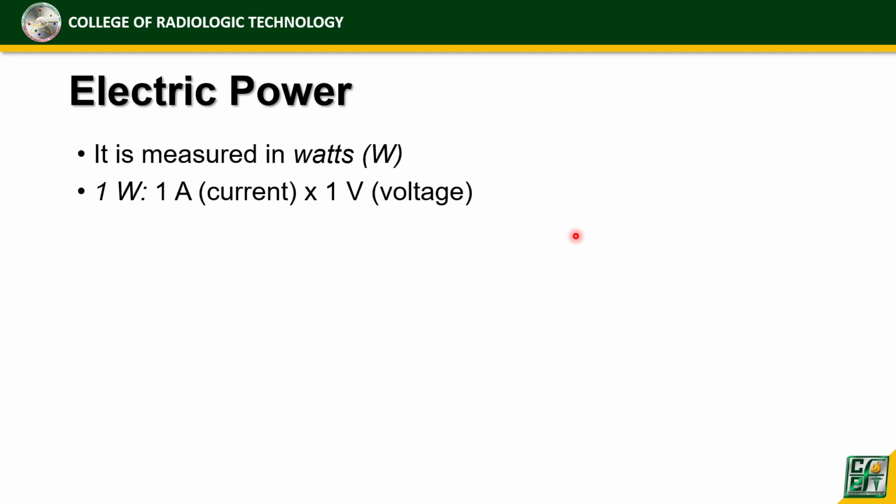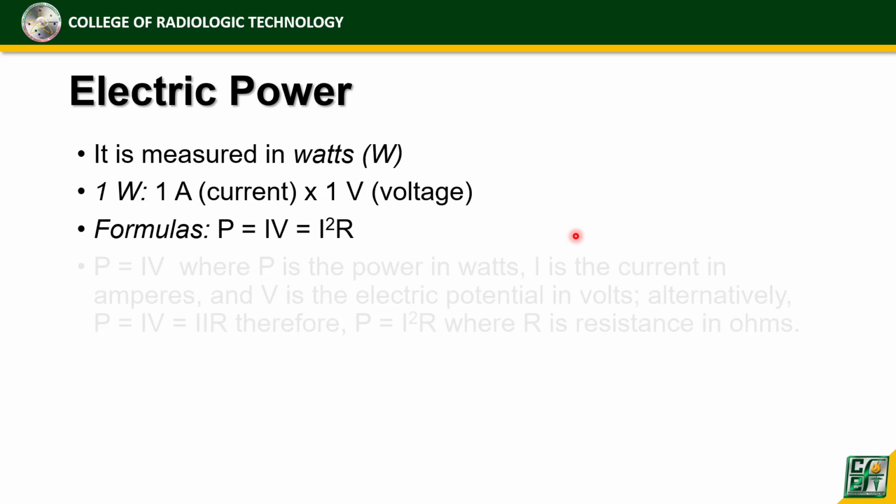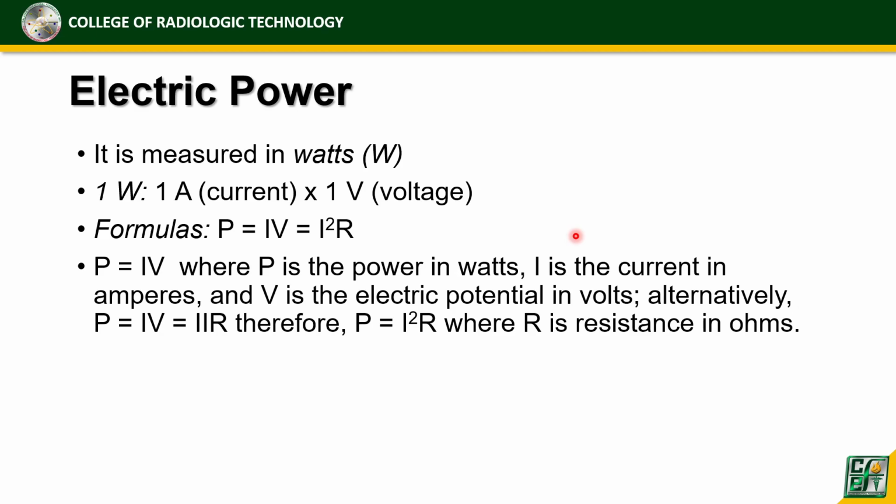So basically, the formula of electric power, how to get electric power, is P equals IV or P equals I squared R. Okay. Where P is power in watts, I is the current in amperes, V is electric potential in volts.